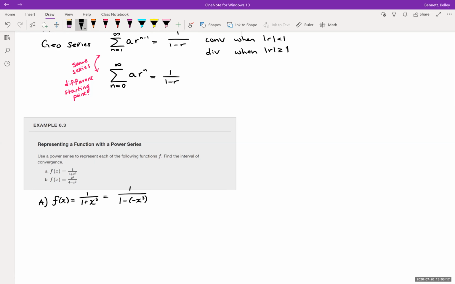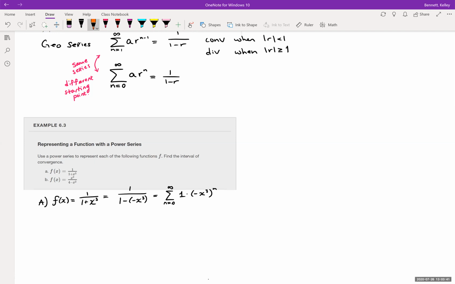So instead of going from the series to the closed form for the geometric series, I'm going to start with the closed form and then express it as a summation. So I know that this is the sum from n equals 0 to infinity of a, which is 1, times r, which is negative x cubed, to the n.